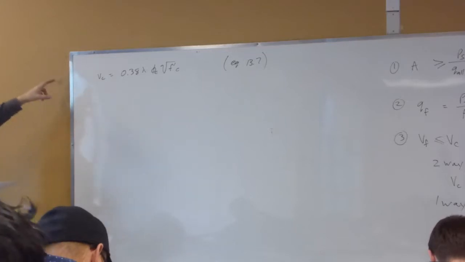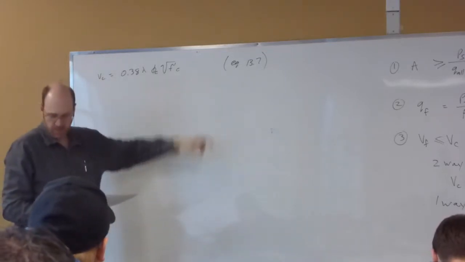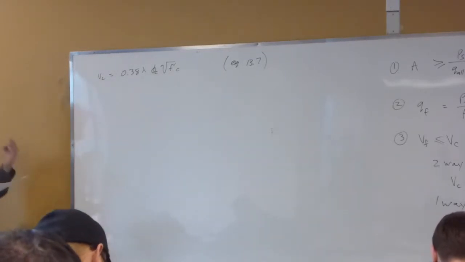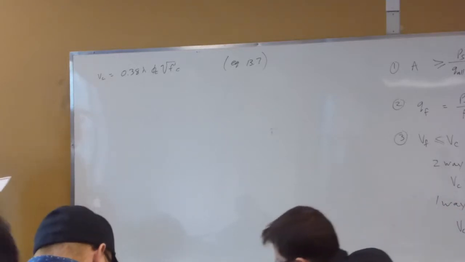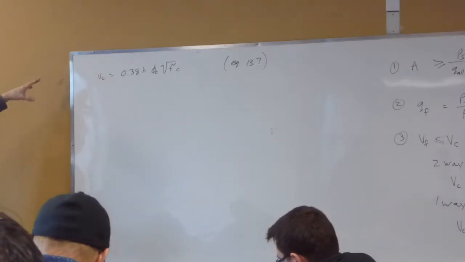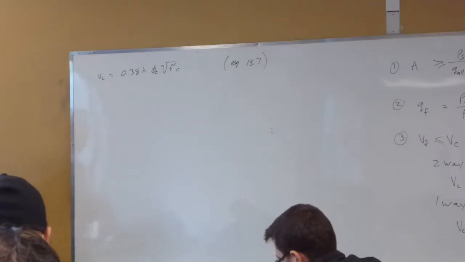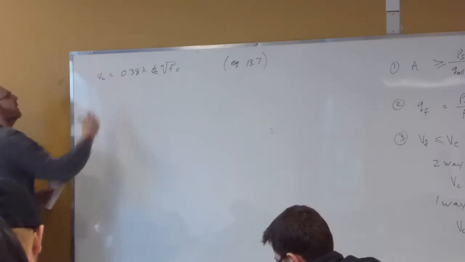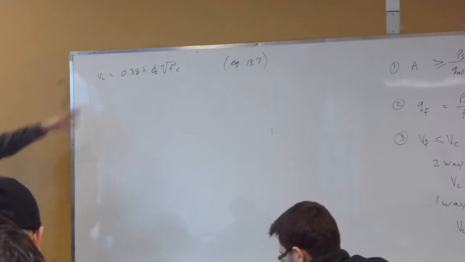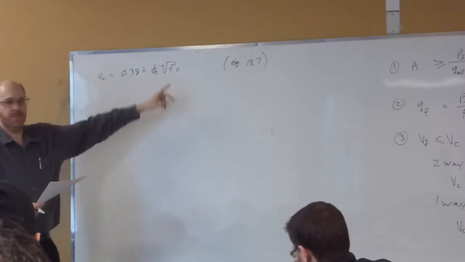Now, as I mentioned, if you go and look up equation 13.7, you'll see there's also an equation 13.6 and equation 13.5. They're both related to calculating vc. This is lowercase v, by the way. You'll notice here it's coming out in MPa.